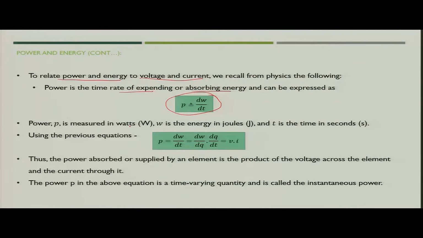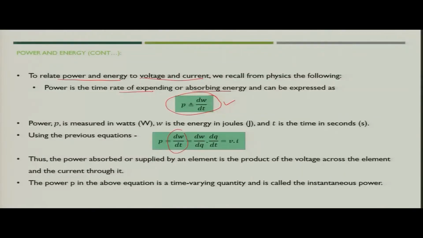Power is measured in watts and W, the energy, is measured in joules. Now, how will you find the value of power P in terms of the two basic quantities we discussed previously, voltage and current?